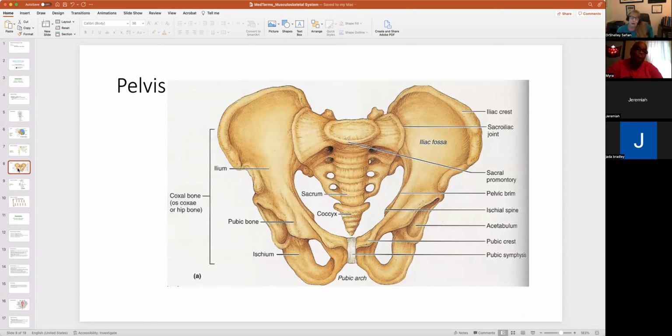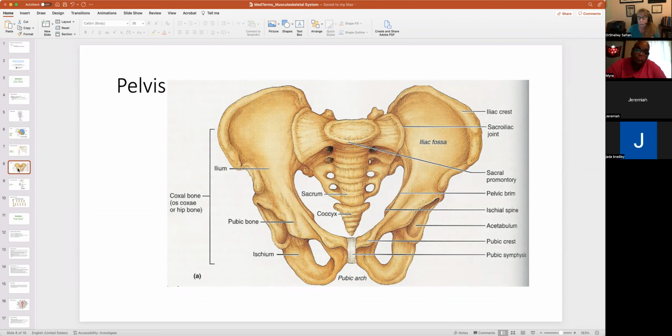All right, so you know that, and in this area, we have a term. You'll notice on the left side of your screen, inside the bracket, you see ilium, okay? And we talked about this way back in week 1, I think, ilium, I-L-I-U-M, is this portion of the bone that constructs your pelvis.